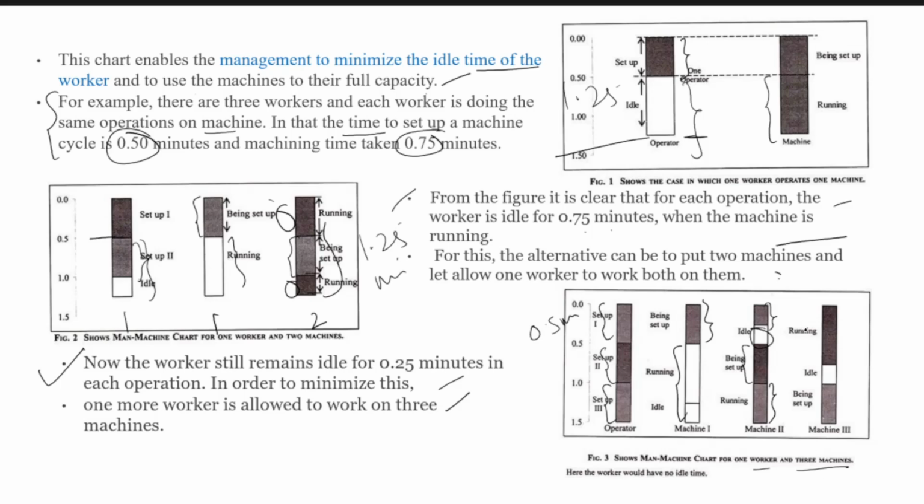Now we are increasing it, and in that case each machine is idle for 0.25 minutes. So these combinations are done to check the optimum utilization of the worker and the machine.